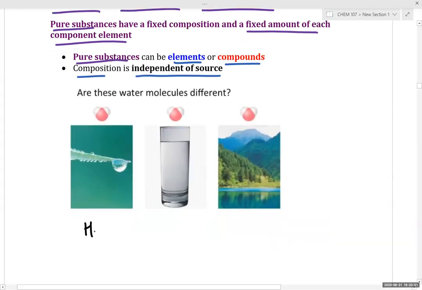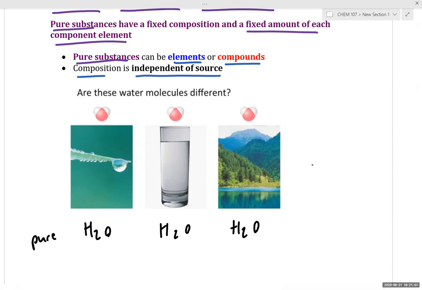Suppose I isolate pure water and completely remove all the other impurities from each of these sources: a glass of water on the desk, water from a lake, water from a dewdrop.